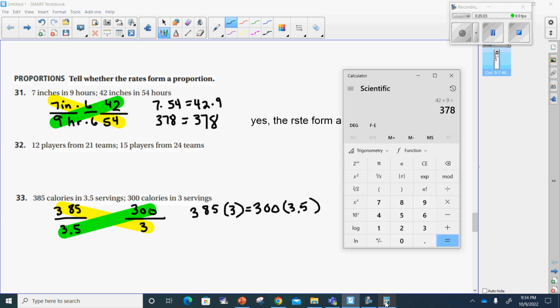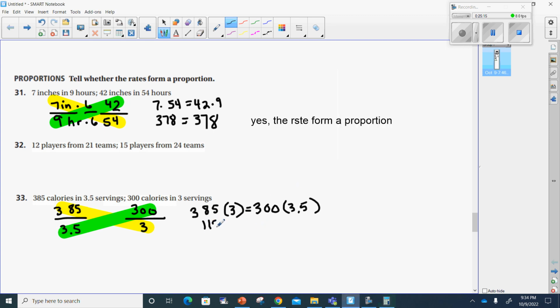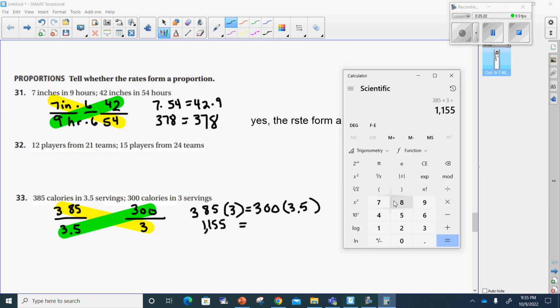All right, so let's give it a shot. We got 385 times 3. That equals 1,155. And now we have 300 times 3.5. That equals 1,050.